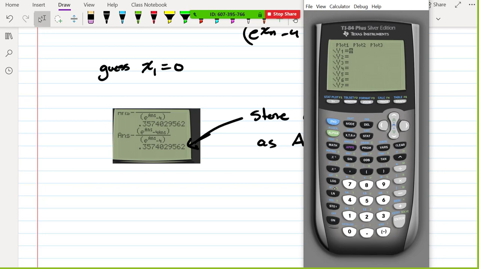If I graph e to the x minus 2x squared, if I zoom in a bit, when we look at our picture over here, what do we notice when we graph our original function?